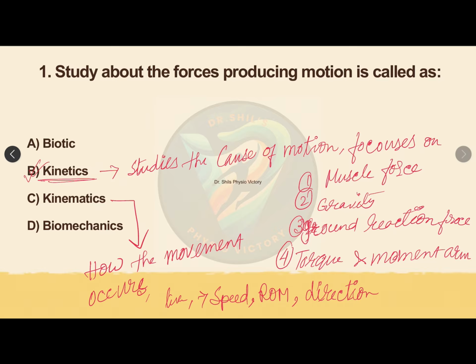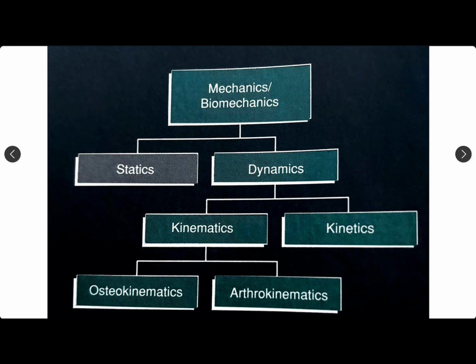Next, come to question number 2. So, this is the chain. This is biomechanics. Biomechanics is divided into two portions: one is statics and one is dynamics. Dynamics is divided into two portions: one is kinematics and one is kinetics.